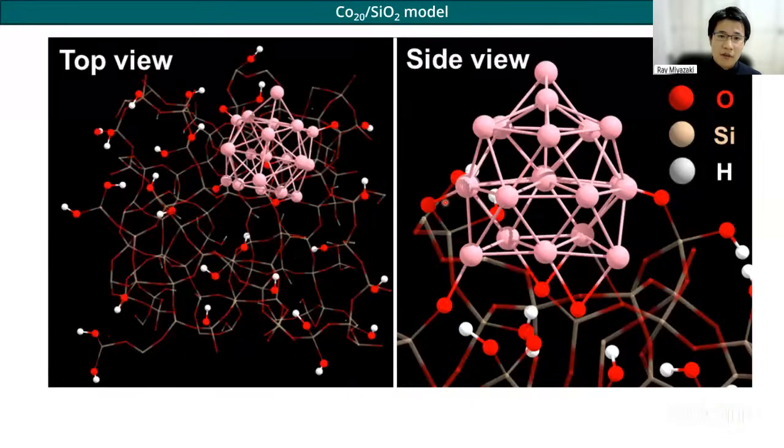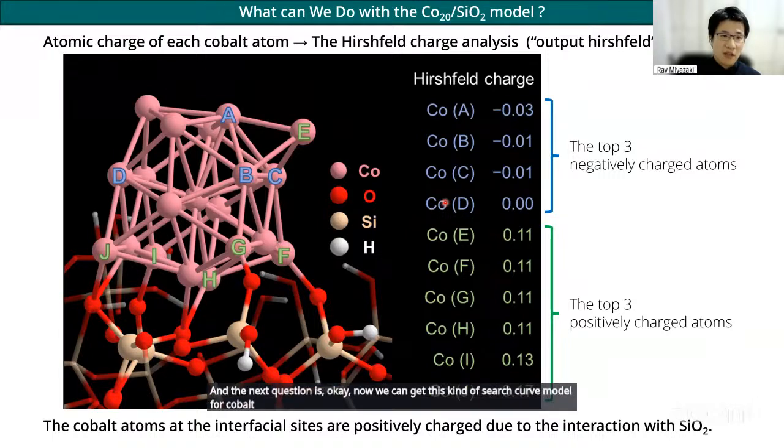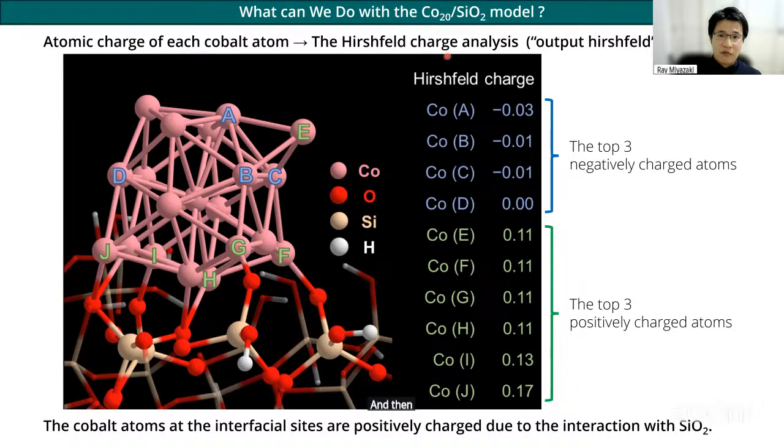The next question is, now that we can get this kind of theoretical model for a cobalt catalyst, what can we do? First, of course, we can investigate the electronic structure. Here, I investigated the atomic charge of each cobalt atom. By using Hirshfeld charge analysis, we can get this atomic charge.